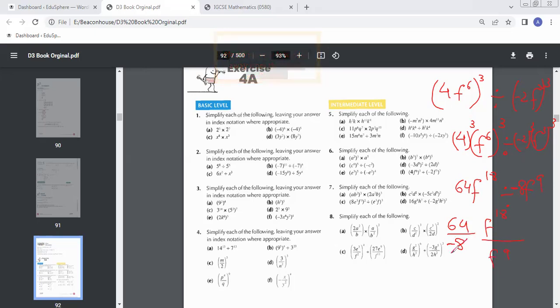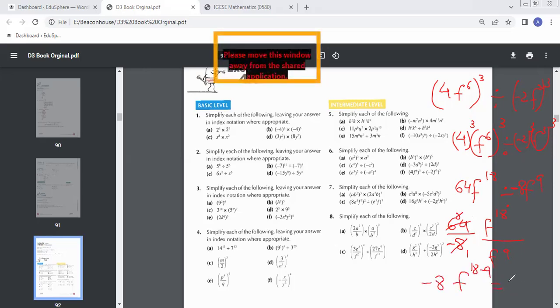So we know that 8 8s are 64. The answer will be minus 8, f power 18 minus 9. So the final answer will be minus 8, f power 9. This is the final answer for this one.